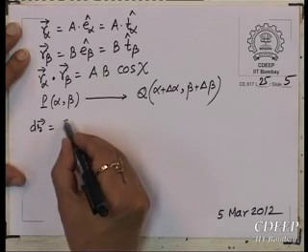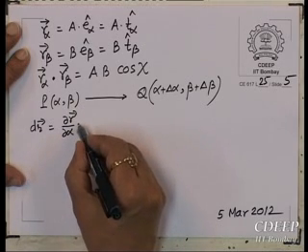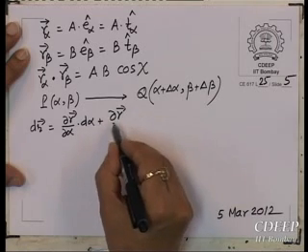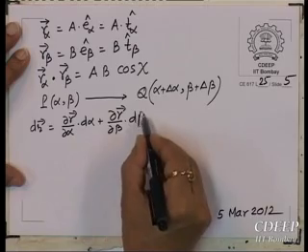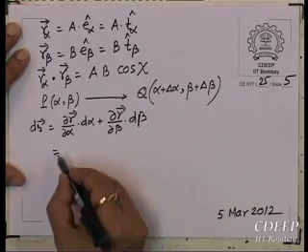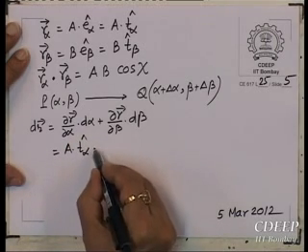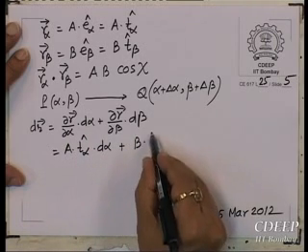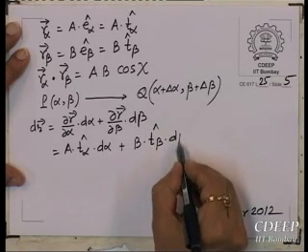So it is equal to dr by d alpha into d alpha plus dr by d beta into d beta. And since A and B are known now, we can write it A into T alpha into d alpha, plus B into T beta into d beta.